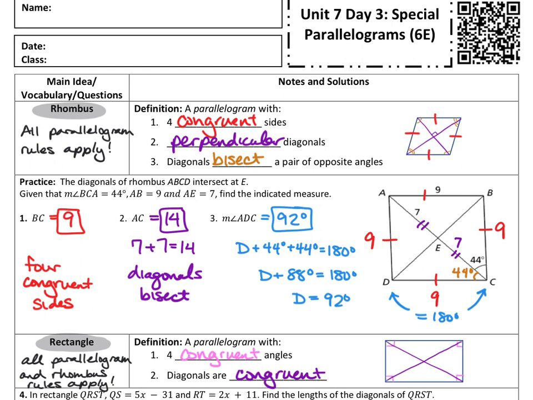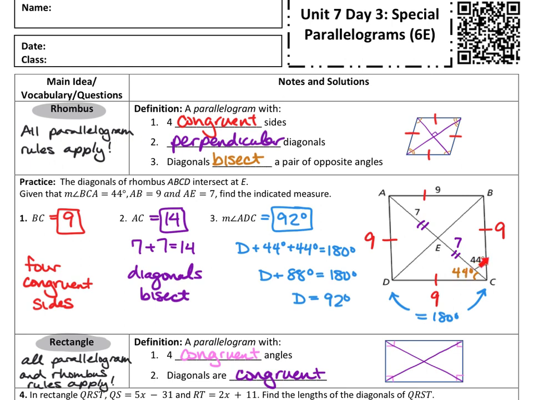And then last but not least, ADC, this angle right here. The rule from parallelograms again still applies, which means these 2 angles, this guy and this guy, have to add to 180 because they're supplementary. So to solve for number 3, what I did is I noticed that if this angle is 44, it means immediately that this angle is what? 44, because they bisect each other.